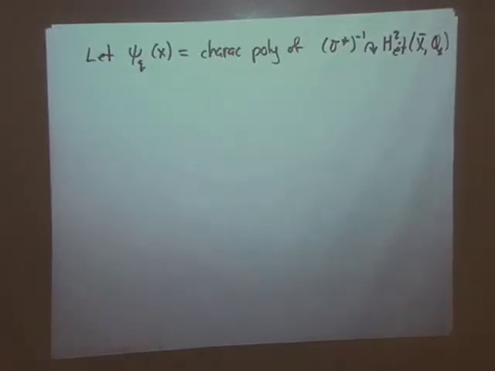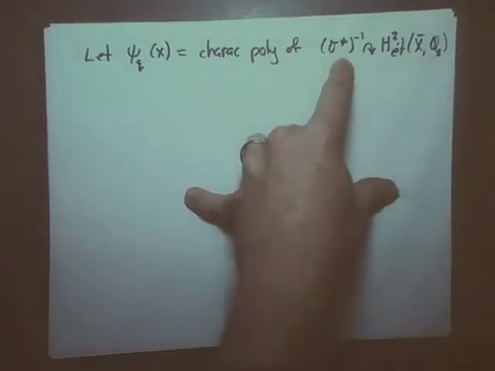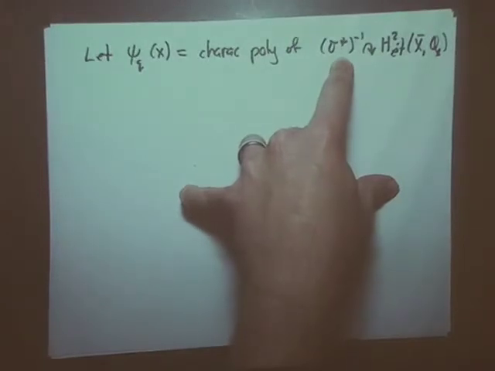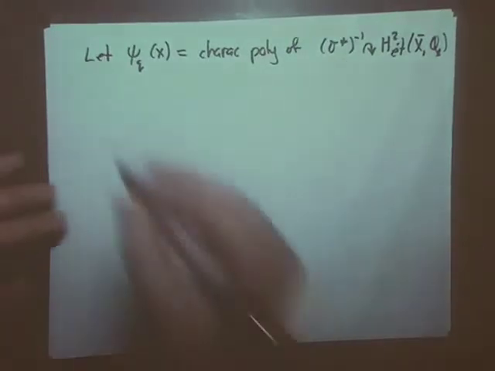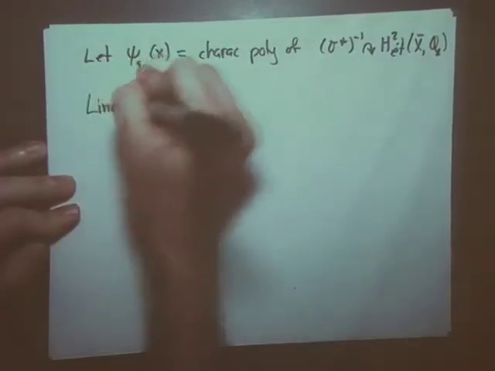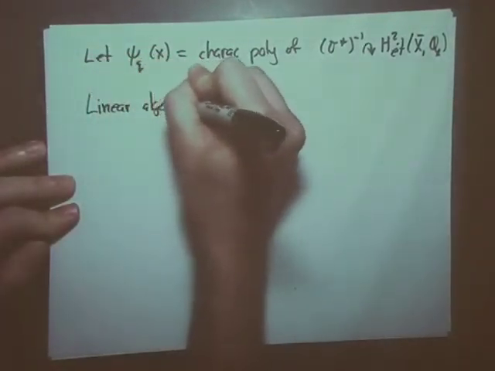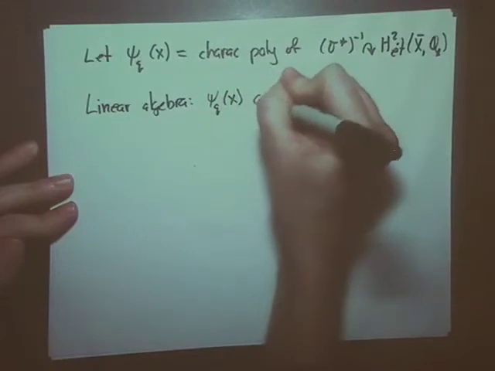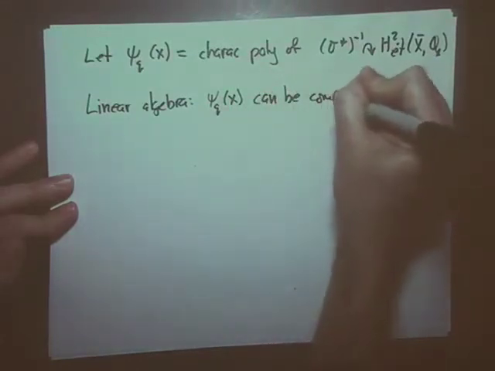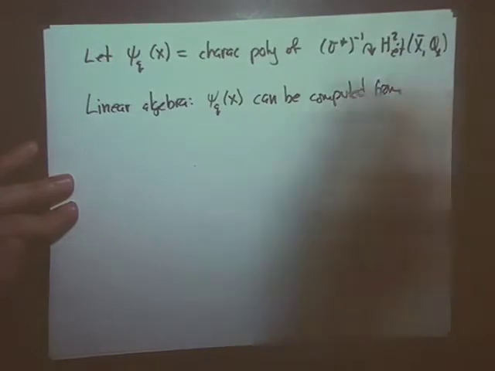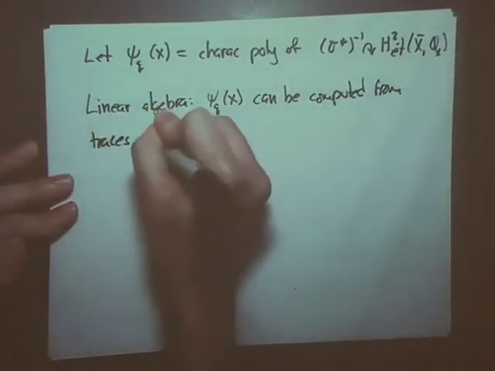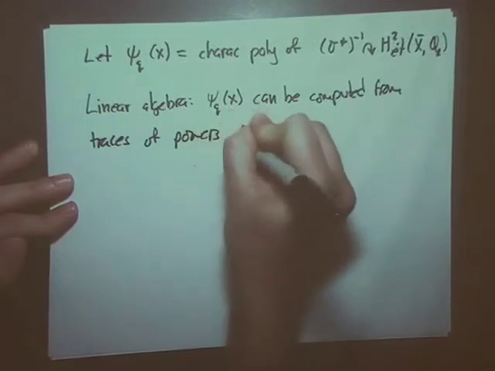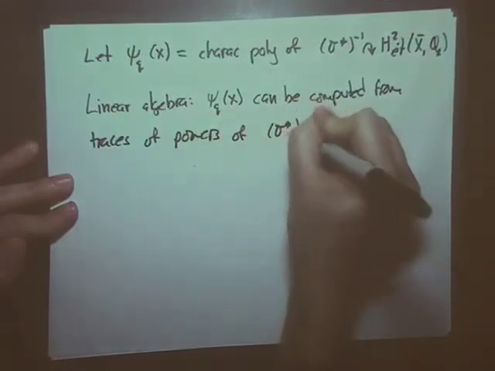And the way you would do that is, if I actually knew enough traces of iterations of this linear operator, I could reconstruct the characteristic polynomial from those traces. So linear algebra, which is spelled out in the notes in gory detail, will tell us that phi of x can be computed from traces of powers of this operator.